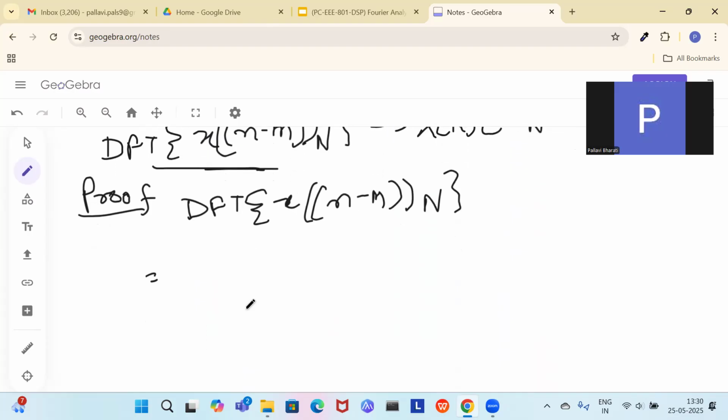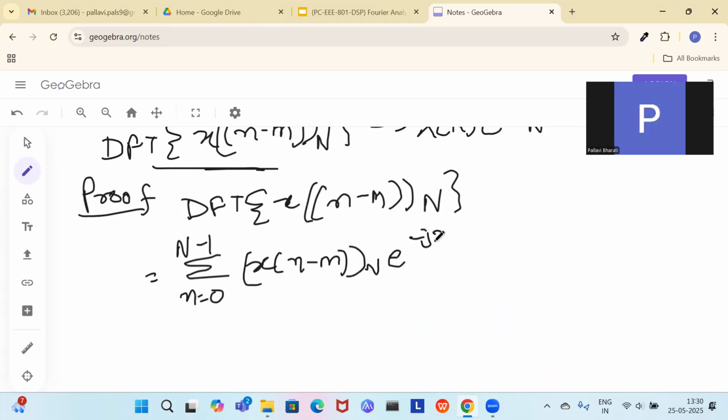That is going to be the sum for small n equals 0 to capital N minus 1 of x of n minus m modulo N e to the power minus j 2 pi k n by N. Now here what you need to do is, let n minus m be equal to p.